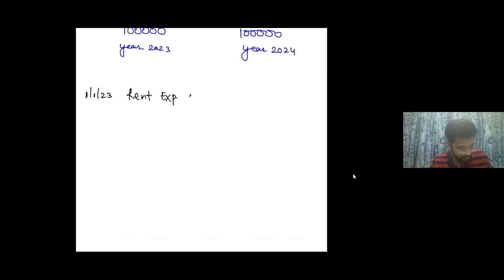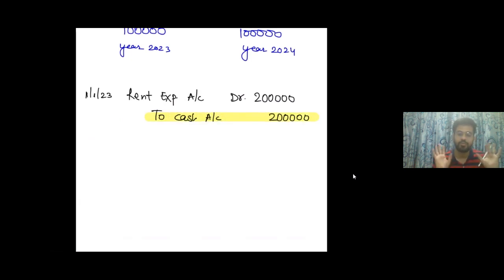Rent expense account debited with rupees 2 lakh to cash account, because cash is going out. I have paid 2 lakhs. So the second effect is correct. Cash is going out, that should be credited. So that is correct. Okay, I understood that.